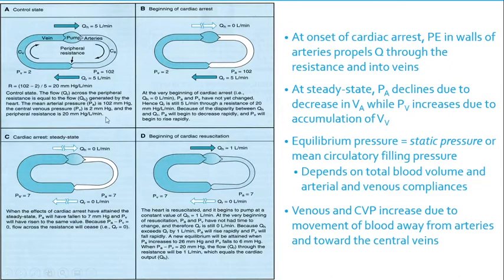Let's describe what would happen as far as pressure and blood volume is concerned if the heart stopped working. If we look to the upper left-hand corner, this is the normal control state, where the heart is pumping out a flow, QH, the flow of the heart, equal to 5 liters of blood per minute, and that blood is pumped into the arteries. The arteries have a certain compliance, represented here as uppercase C, lowercase a.